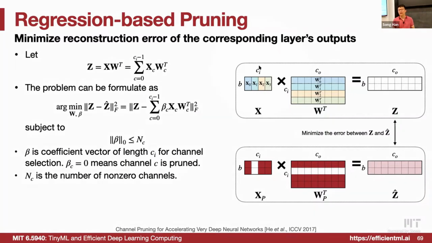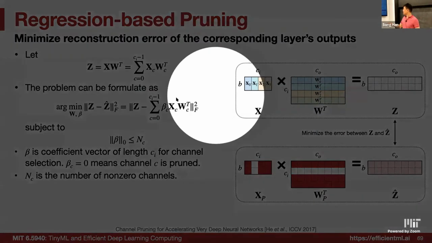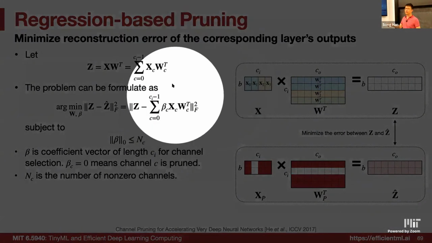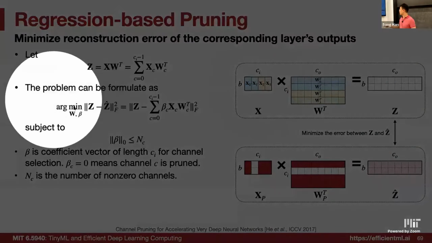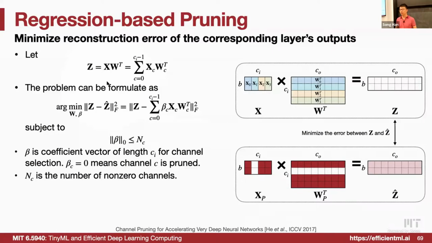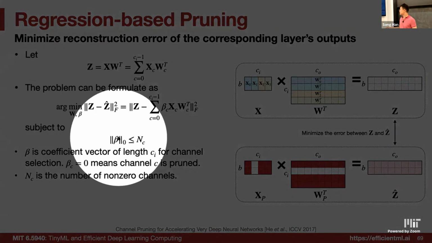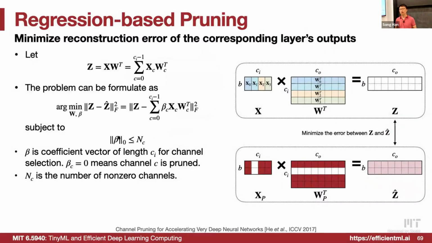And then we apply a scaling factor to each outer product, the beta c, which is the scaling factor for each outer product. We sum them up. We try to minimize the difference between the original z and the pruned z, subject to minimizing the zero norm of beta, to make beta as close to 0 as possible.